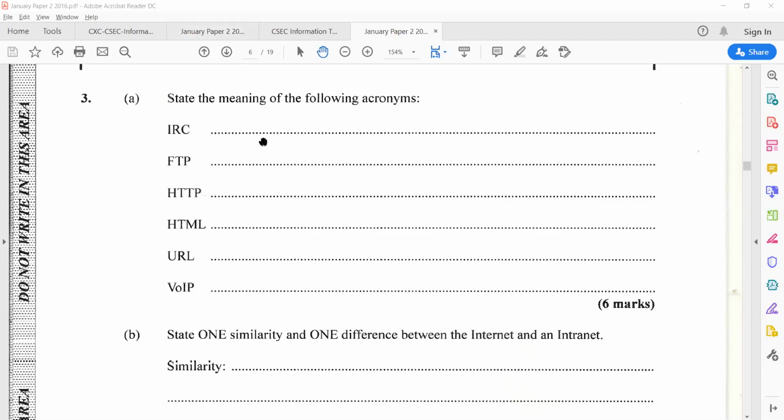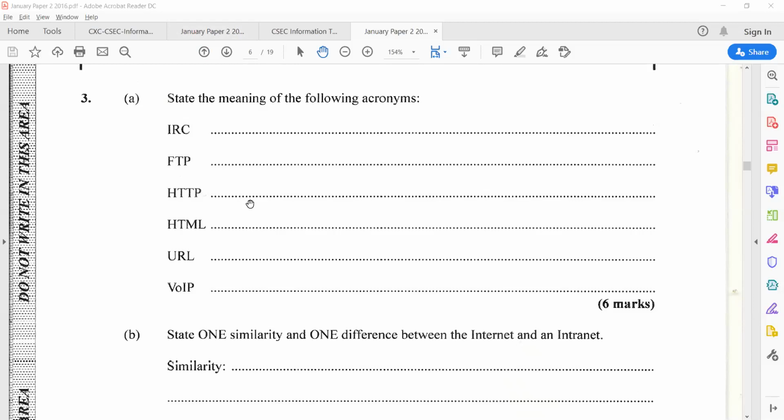Right, Hypertext Transfer Protocol, HTTP. And then we have HTML. HTML, anyone? Right, HTML is Hypertext Markup Language.